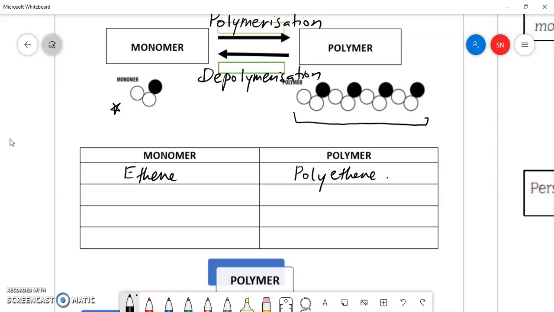Similarly, another example would be styrene, where a combination of styrene molecules will form a polymer which is called polystyrene.